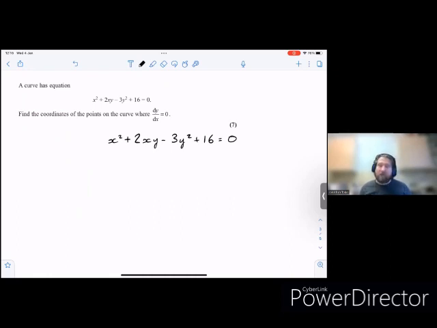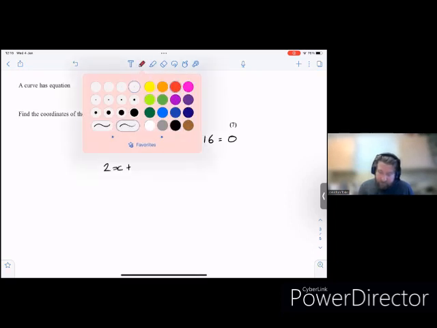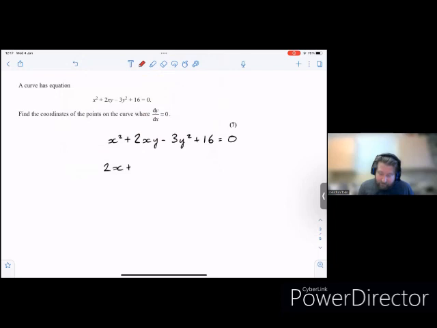So in order to find dy by dx, we just do the same thing as we were doing before. We start at the left and go through the equation, differentiating as we go. So the 2x squared becomes 2x. And here we've got a little product rule going on. So we're going to have to do u dash v plus uv dash.